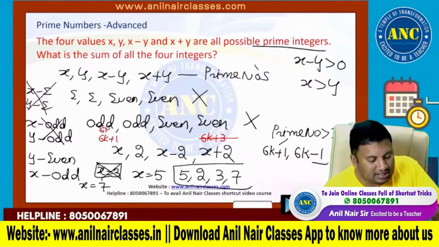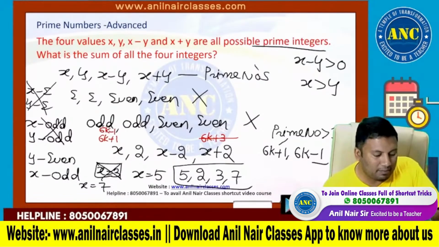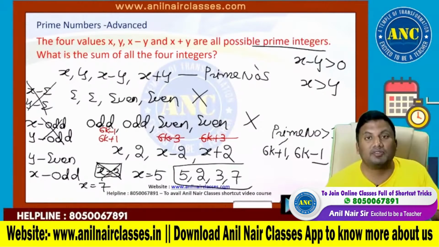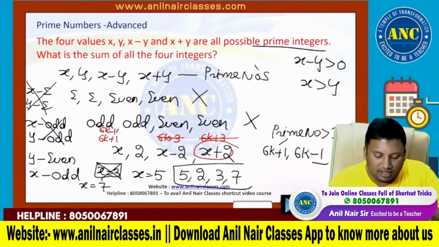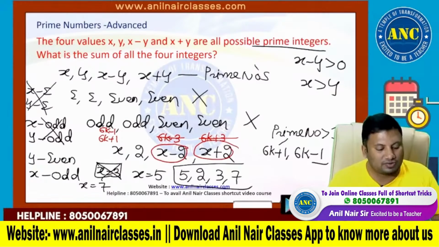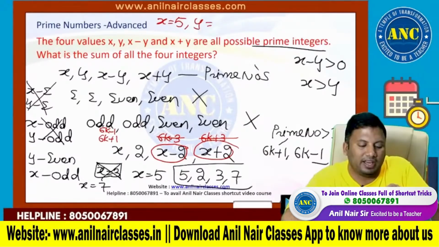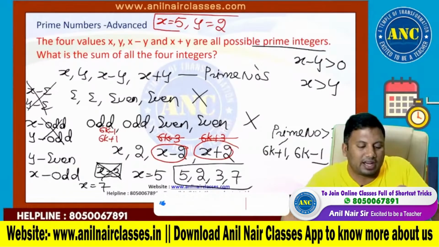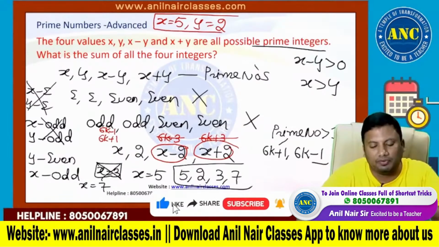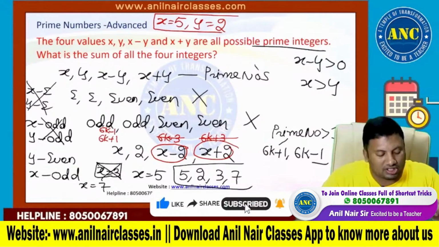If I take 6k minus 1, then 6k minus 1 plus 2 is 6k plus 1, and 6k minus 1 minus 2 is 6k minus 3, which is divisible by 3. So after 5, one of these will always be divisible by 3. So the only value which will satisfy is x value 5, y value 2: 5 and 2, 5 minus 2, 5 plus 2. Beautiful questions, we solved it.